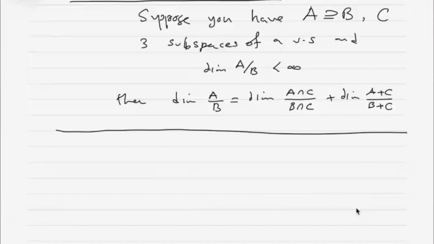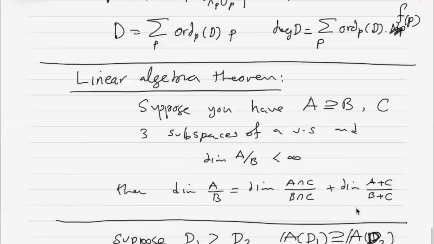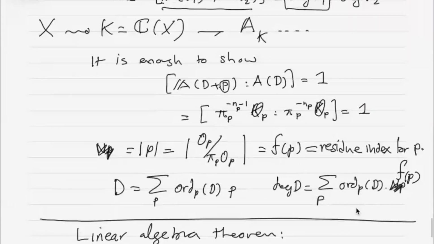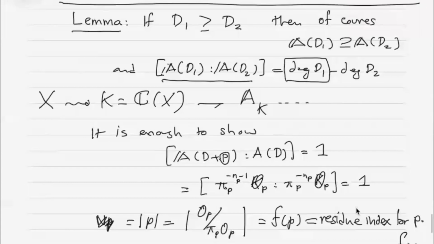Now, let's try to apply it here. Let's suppose D1 is bigger than or equal to D2. So A of D1 is a subspace of the adeles that contains A of D2. And I just calculated for you the dimension of the quotient. Here is the difference of the degrees.